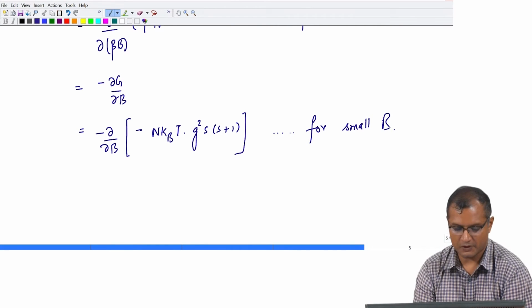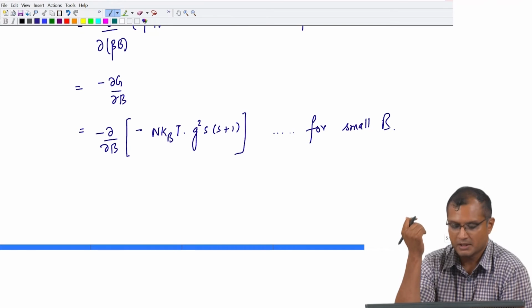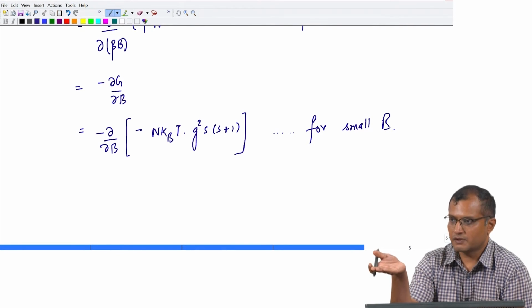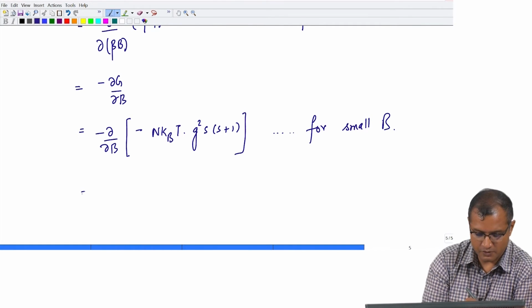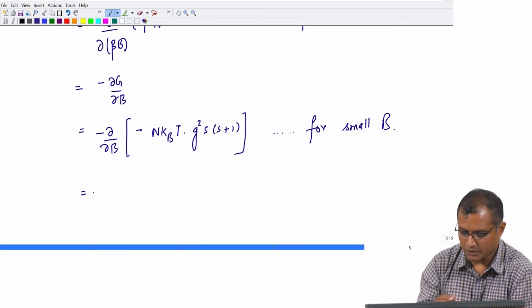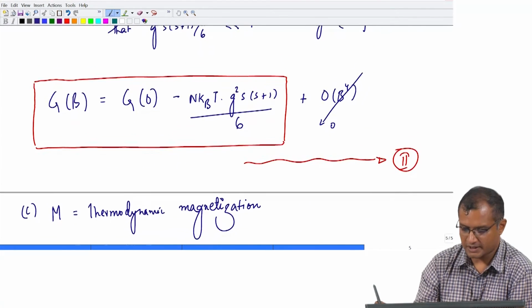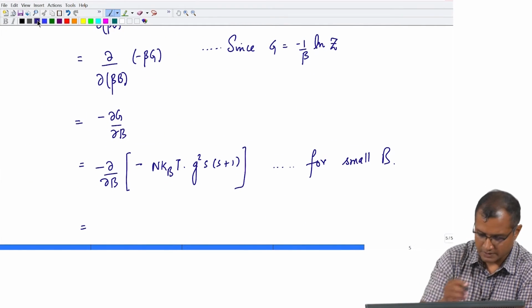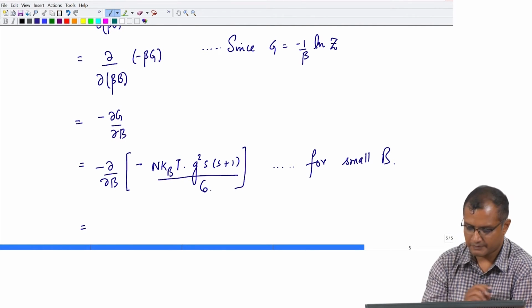Our approximation of G is applicable only in the small b, which means the magnetization that I am going to construct is also for small b, because I have used that value of G here. So, you can knock off these two minus signs and put, sorry, yes, of course, I think I was supposed to copy it, but left it upstairs. Okay.